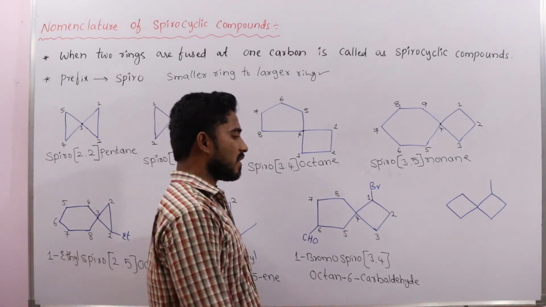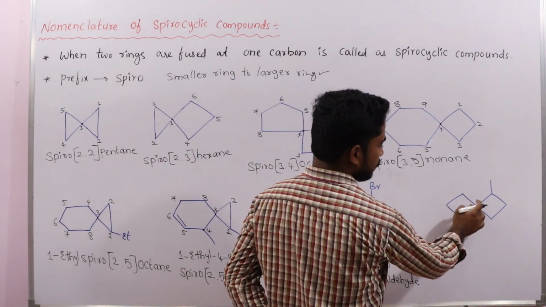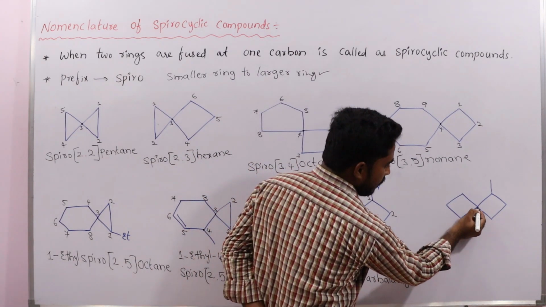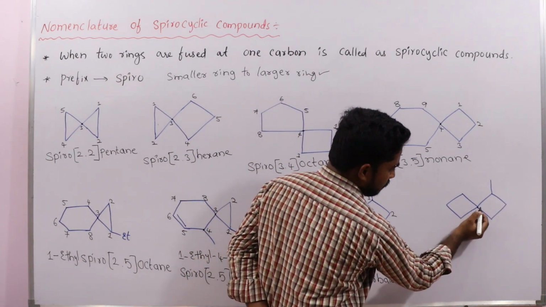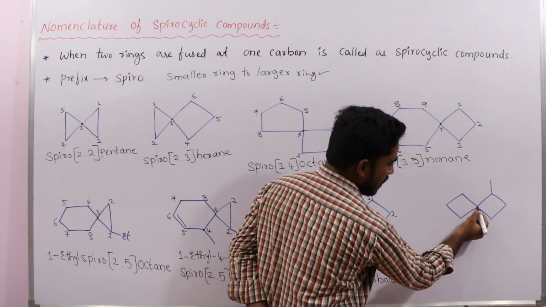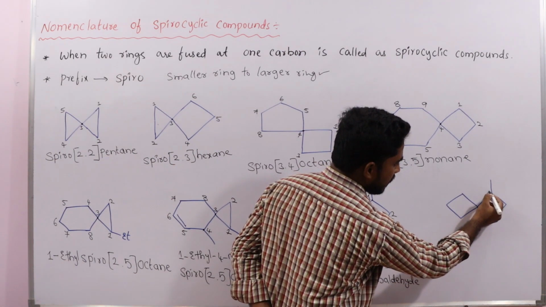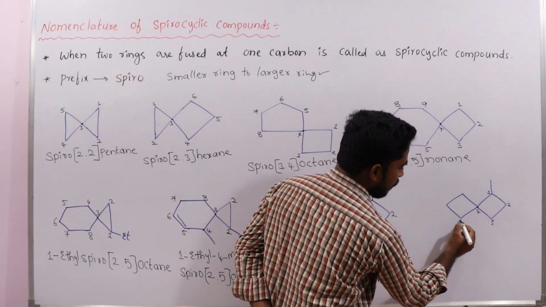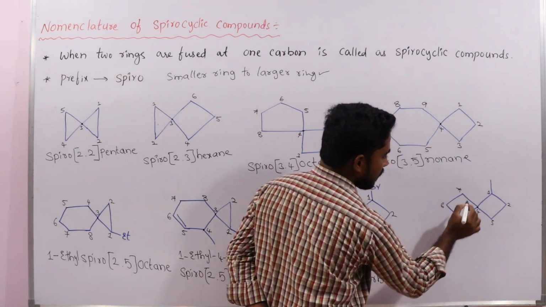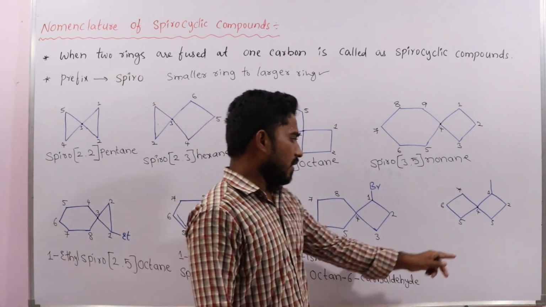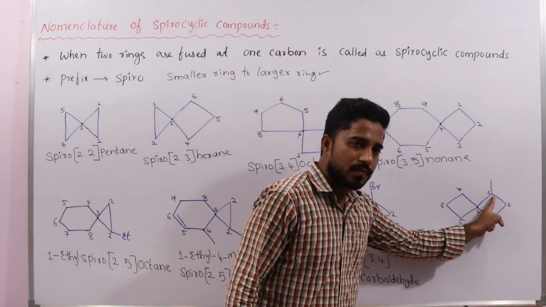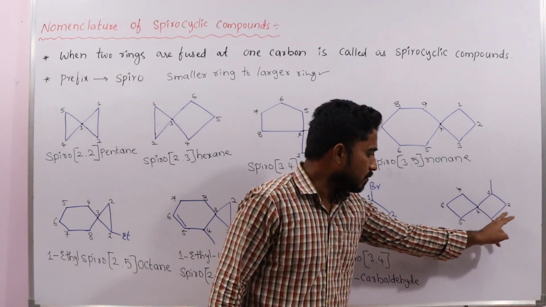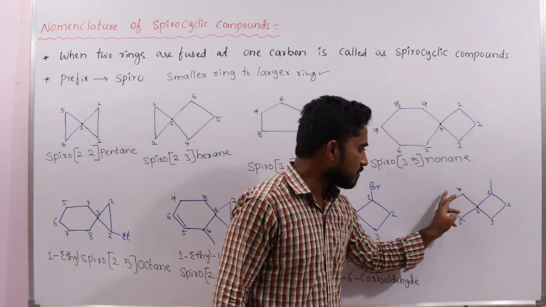Next, let us see the next example. Here two similar rings are there, similar membered rings. So this is a fused carbon, then we can also call it a spirocarbon. Then here 1, 2, 3, 4, 5, 6, 7. Okay, at this position a substituent is there, that's why we gave numbering like this: 1, 2, 3, 4, 5, 6, 7.